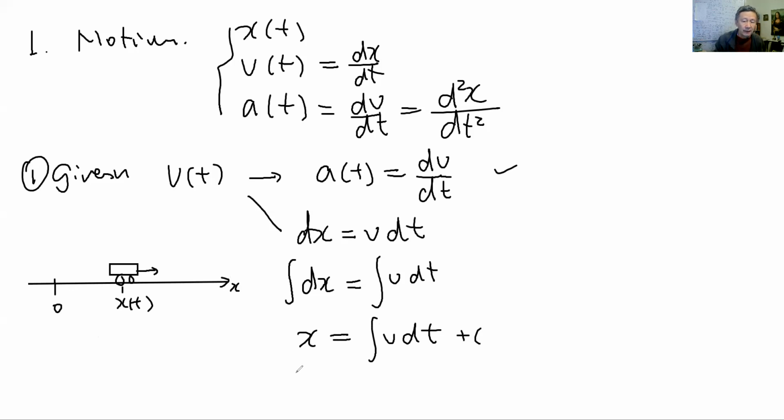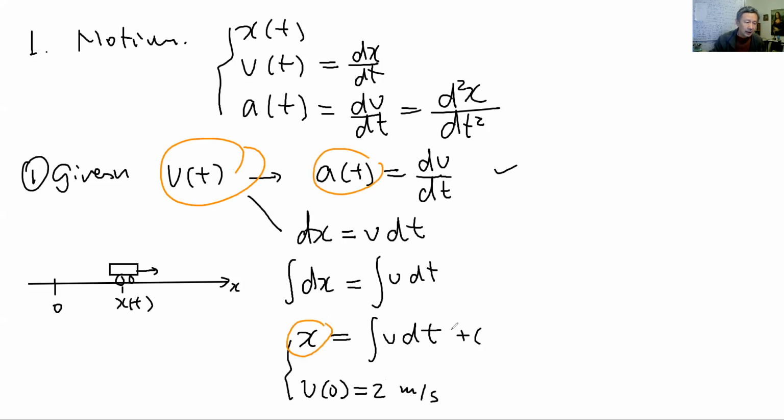For example, they will say the velocity at t equals 0 equals something, and then you can determine the constant c. Once you determine c, the function for x is given. So there are two usages once v is given: to calculate a, or to calculate x.